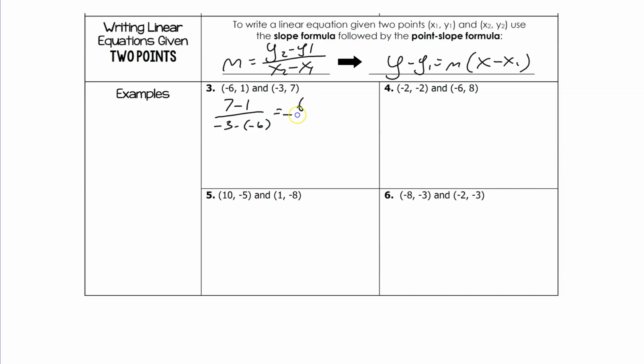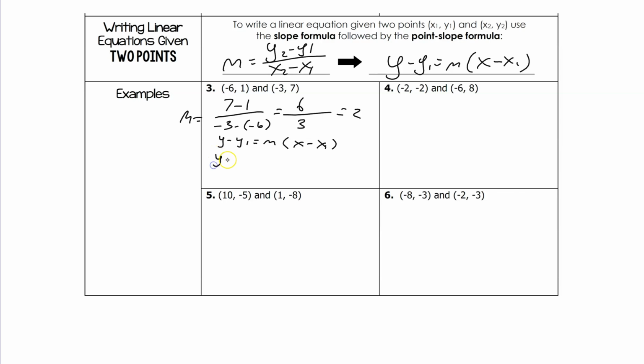So it would be 6 over, and -3 plus 6 would get us +3. So that gives us a slope of 2. So that is our m, right? So m equals 2. And we can take either one of these points and use it in our point-slope formula, which is y minus y1 equals m times x minus x1.